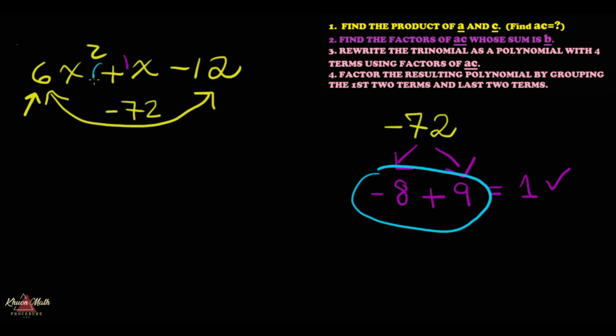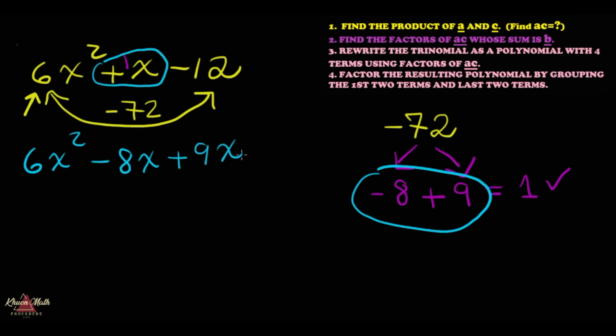We're going to take out the middle term and replace it with the two numbers we came up with. Okay, so it's going to look like this: 6x squared, and then negative 8x as one of the factors, and then plus 9x as the other factor. Okay, and then we're going to bring down the negative 12.